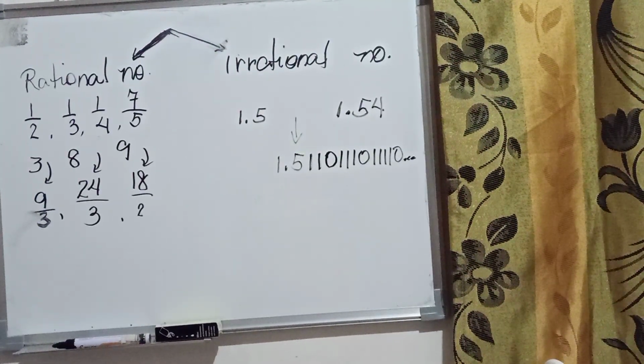So let us say that we have numbers like 1.5 and 1.54. What could be an irrational number in between these two numbers? I had placed in there 1.5110, 1110, 111110, and so on.